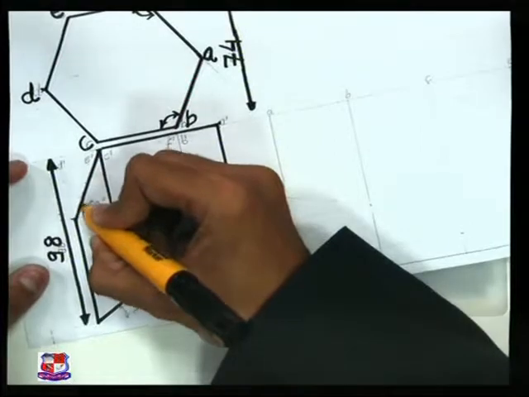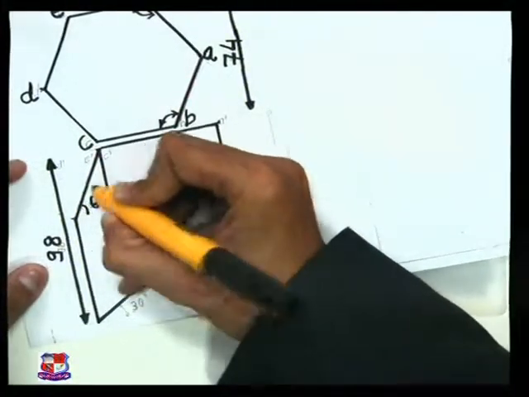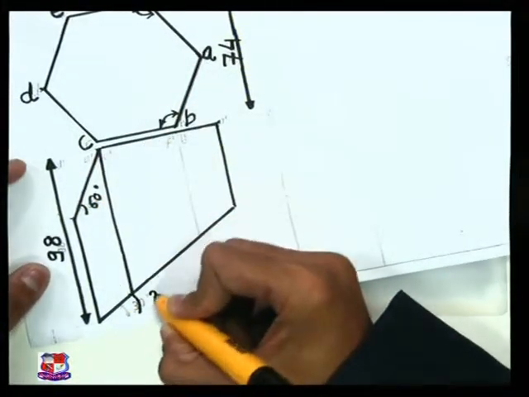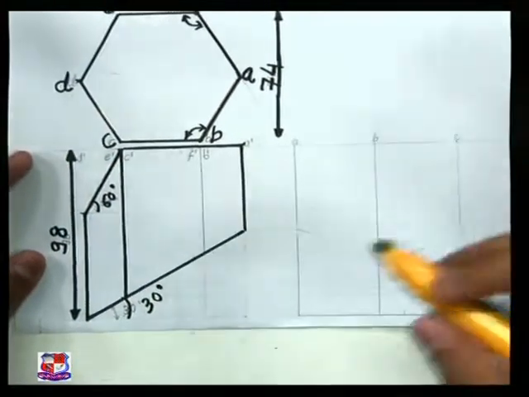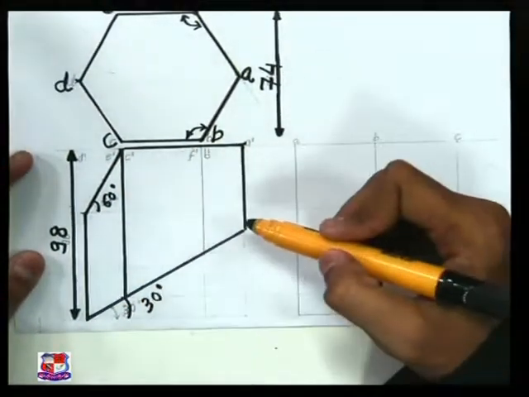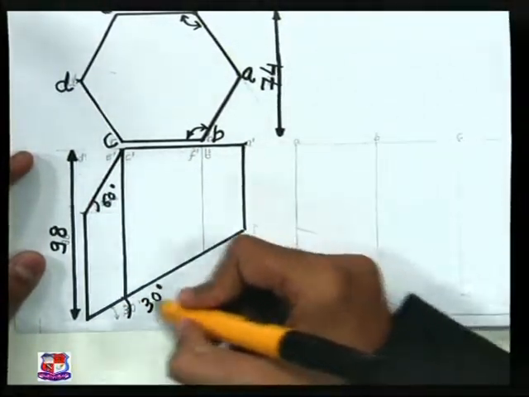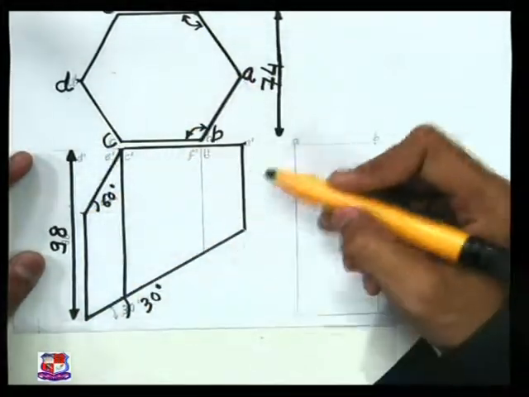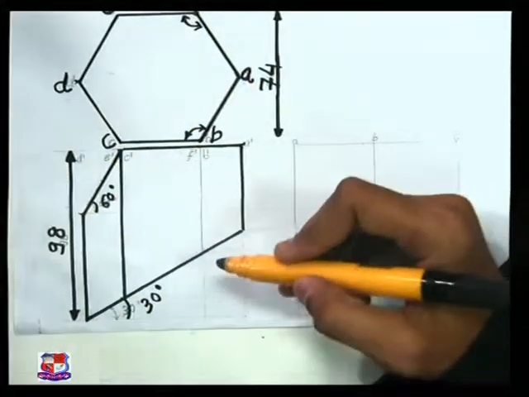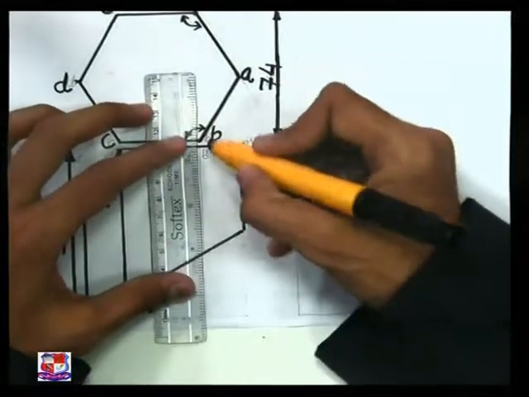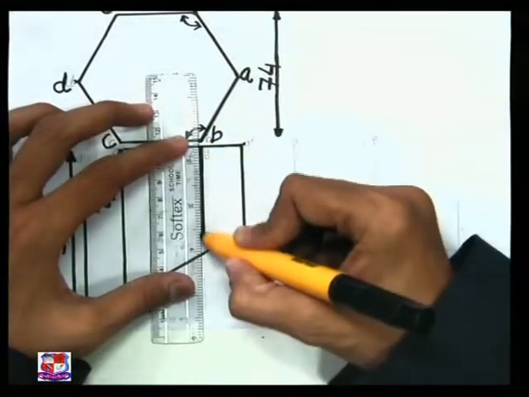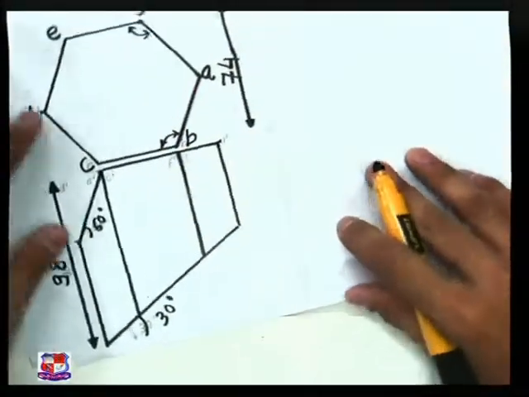These two angles are given. This is 60 degrees and this angle is given as 30 degrees. So this is the lateral surface which we have to develop, and this portion is the trimmed out or removed portion. So we have to lighten these lines. These lines should be drawn much lighter, and this is the edge of the given hexagon. Now name the end points.